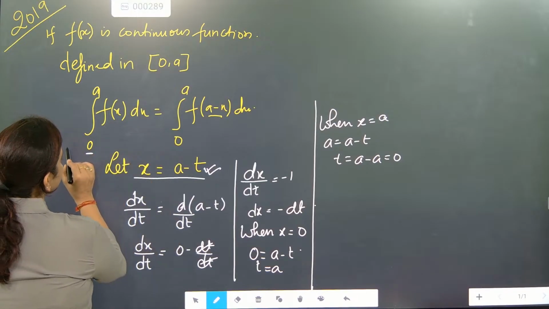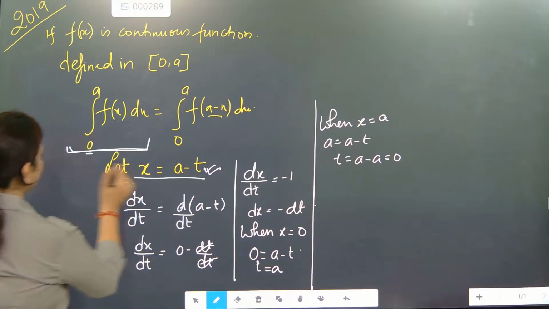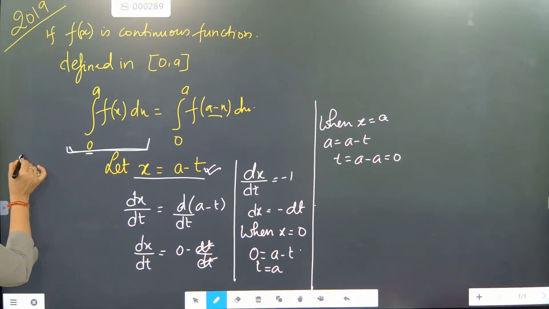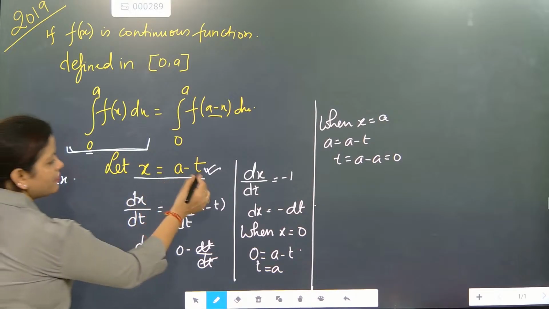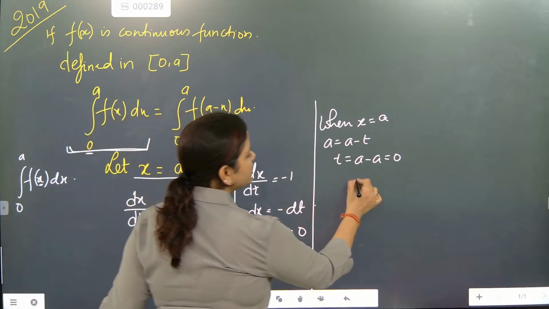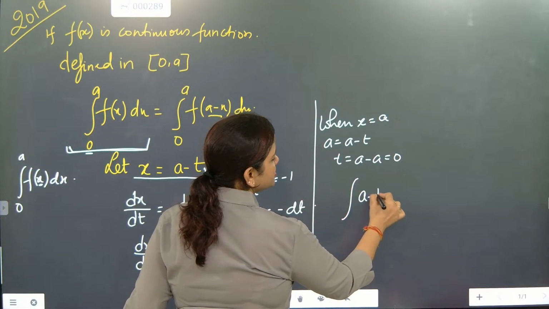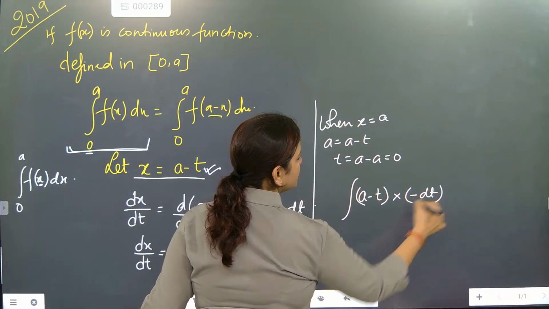So beta, now this part of the question will become what? You are solving the integral from 0 to a of f of x dx. Now in this, beta, what did you do? You took x is equal to a minus t. So now what is it coming as? a minus t. And what is dx, beta? dx is minus dt.